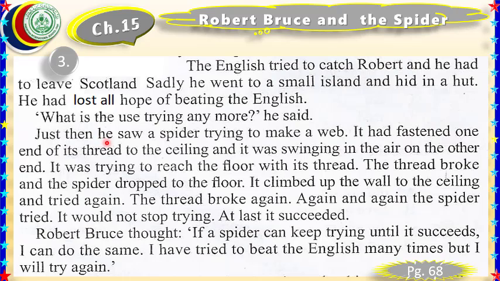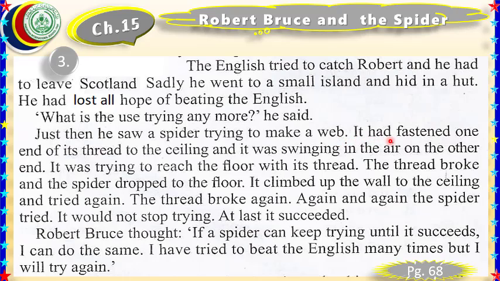Just at that time, when he was thinking, I cannot win the battle, he saw a spider. In the hut, he saw a spider trying to make a web. A web is a net that a spider can make.